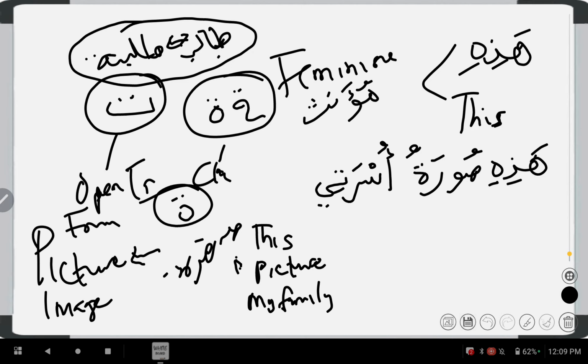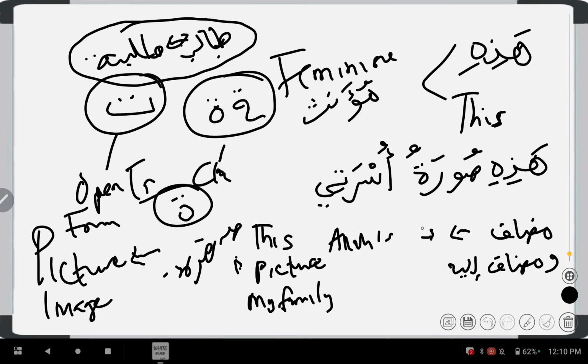There is something going on in this sentence, which we call in Arabic grammar mudafun wa mudafu ilayhi. That is a possessive case. How do we bring two words together to make one? When we say Allah's book, that is one: book of Allah, or Allah's book. But two words are coming together, Allah and book.